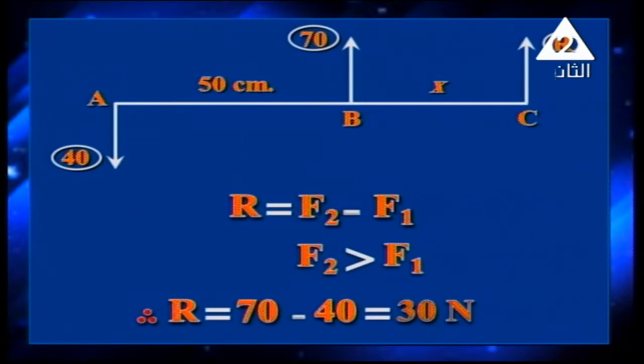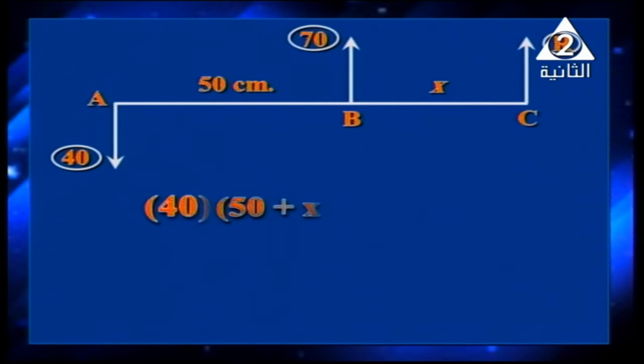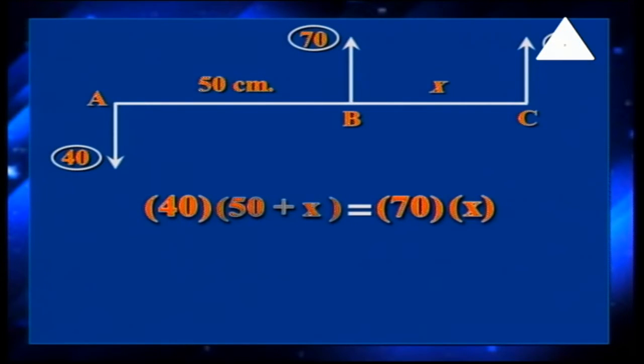What is the value of x? R acts at point C at a distance x from B, and from A 50 plus x. By using the rule, 40 times AC, what is the AC? 50 plus x, in brackets, equals 70 times x, divided by 10.